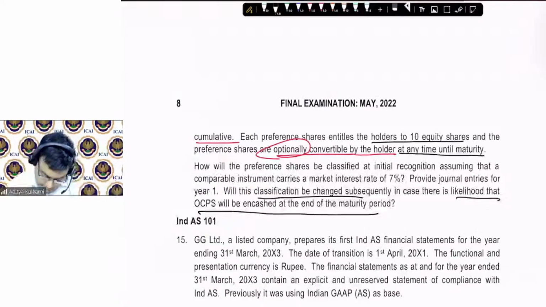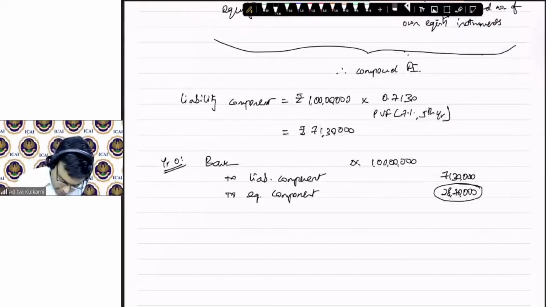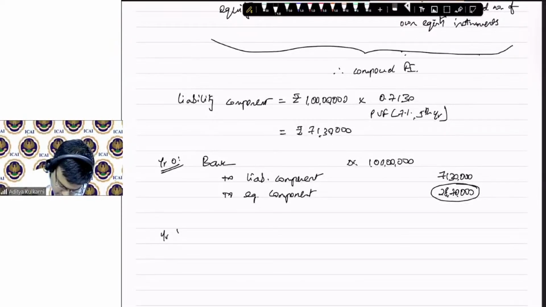What is the question asked? Provide journal entries for year 1. So year 0, I record it. That means year 1 opening. So end of year 1, interest is going to come.